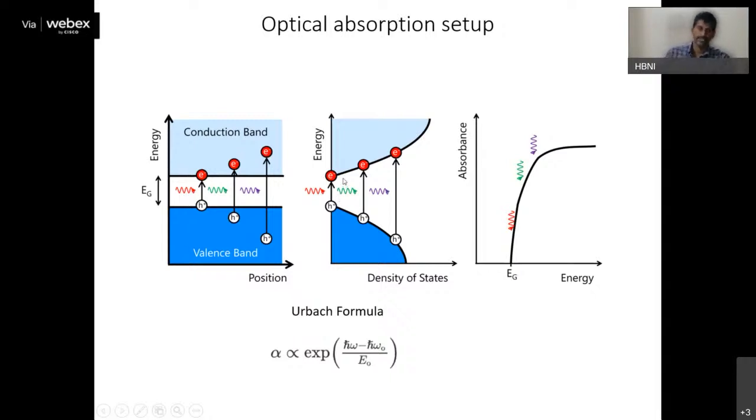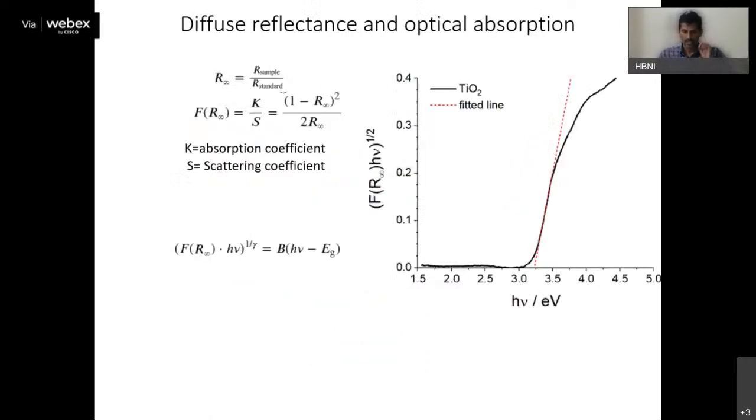But if there is an impurity or some disorder states exist, that will be reflected in this optical absorption curve, and one can fit this formula to find out the nature of this disorder, etc. Instead of doing a direct optical absorption, one can also do diffuse reflectance and then construct the absorbance and do a similar kind of analysis.